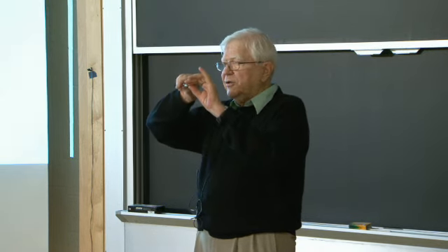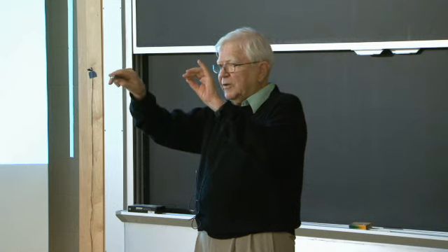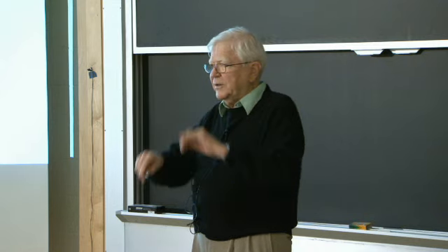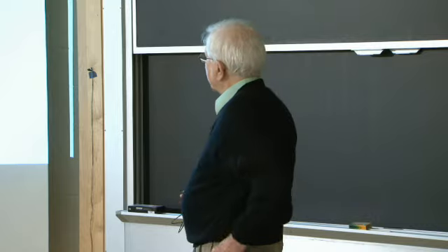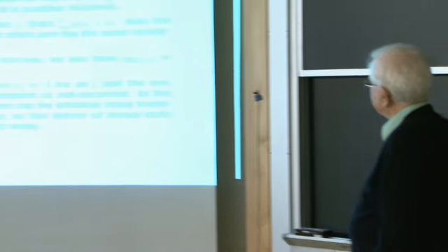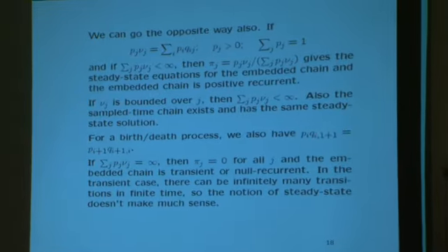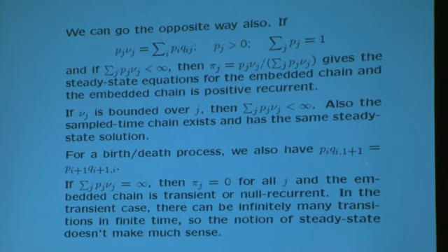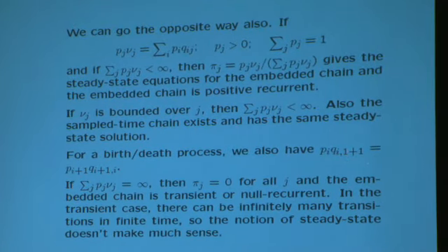The amount of time that you spend going this way is equal to the average amount of time you spend going this way. So for a birth-death process, p sub i times q sub i,i+1 is equal to p sub i+1 times the transition probability from i+1 back to i. Okay, so this symmetry exists almost everywhere.